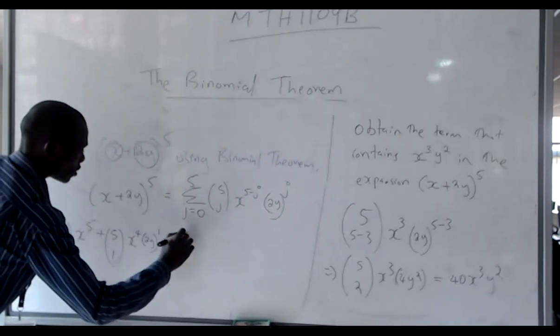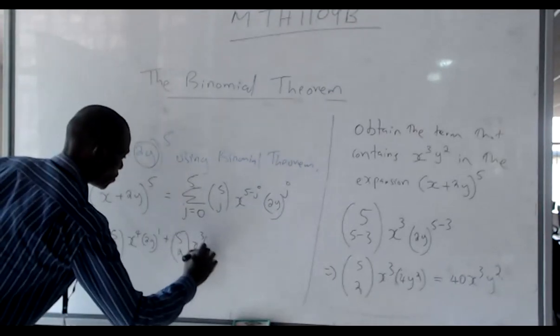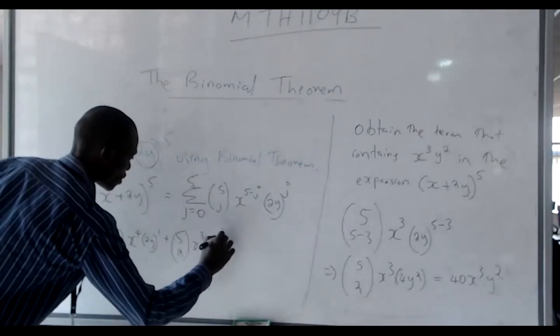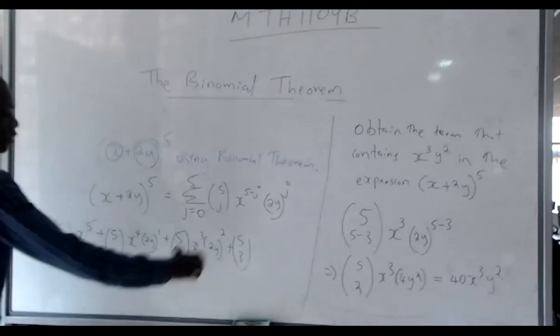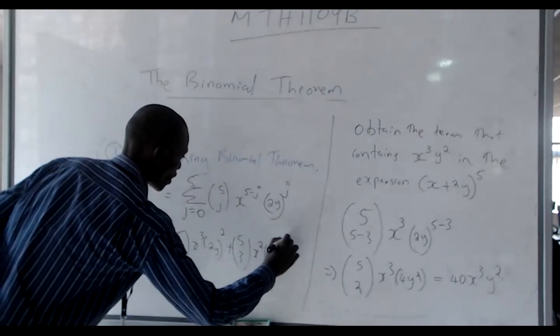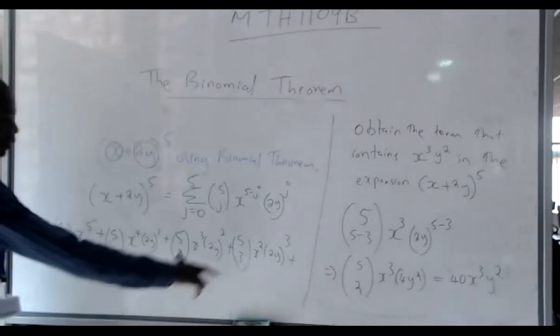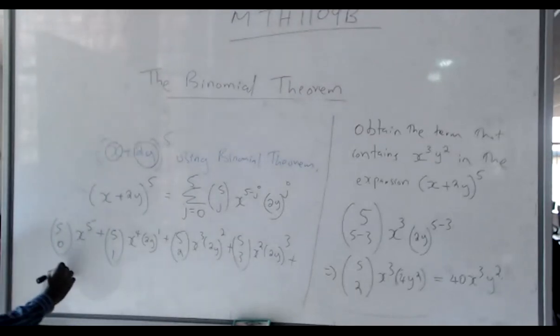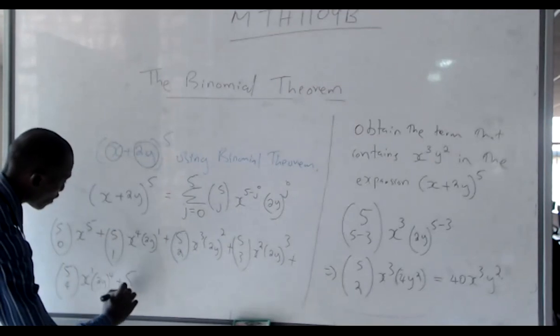When j is 2, I have 5 combination 2, x cubed, 2y squared, plus when j is 3, 5 combination 3, x squared, 2y cubed, plus at j is 4, I have 5 combination 4, x to the 1, 2y to the 4, plus 5 combination 5.